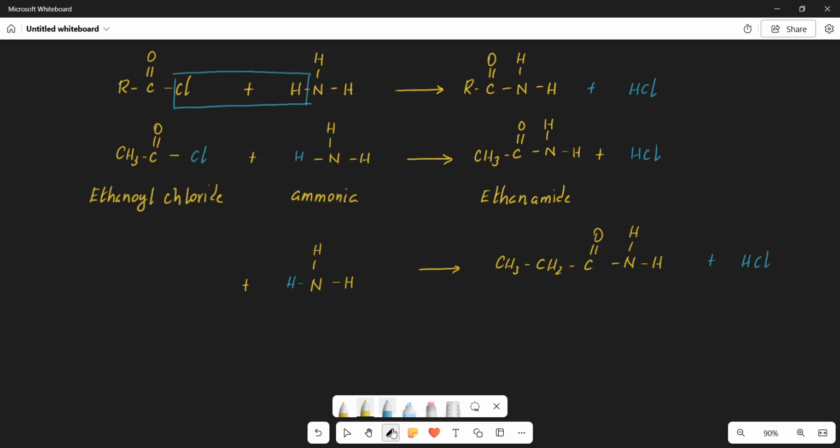The chlorine is from the acid chloride. Then what is remaining? I'm going to write this: C double bond O, CH2, CH3. So if I know the structural formula of any amide given to me, then I'll be able to identify what acid chloride I use to prepare the amide.